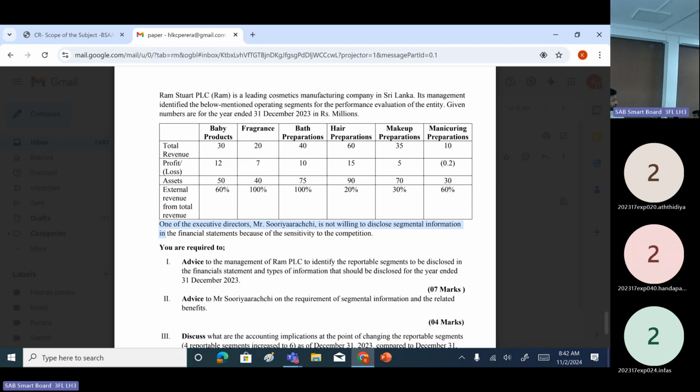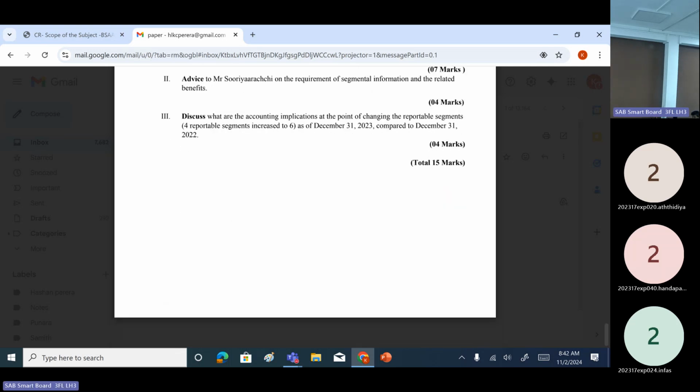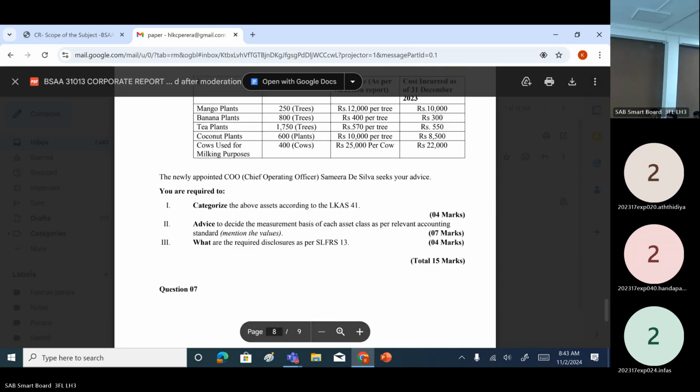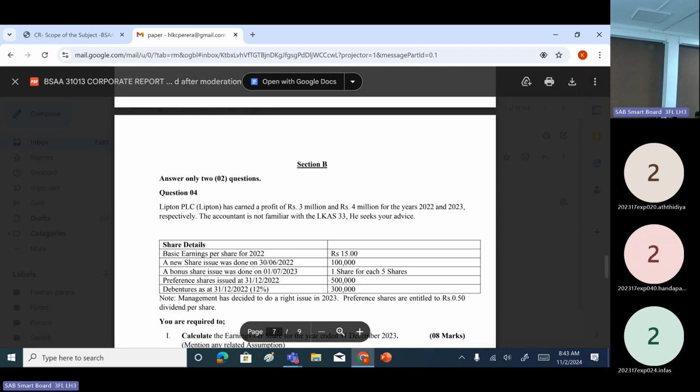So then we have quantitative thresholds, the 10% rules with the 75% rule to learn, right? Accordingly, you can answer this question. Don't worry, I will teach you everything, right, in and out. So that's the structure of the paper. Any question? Any doubts?